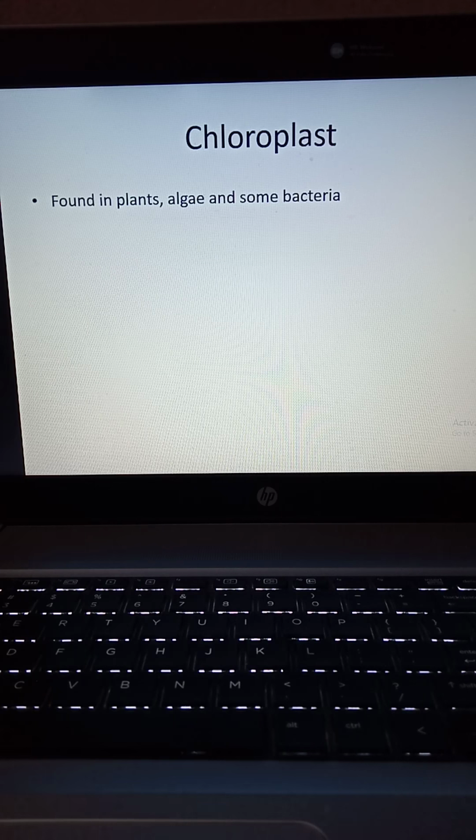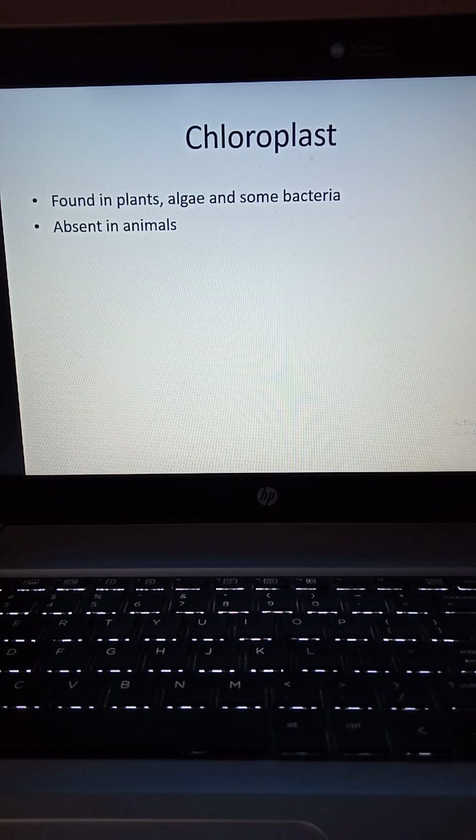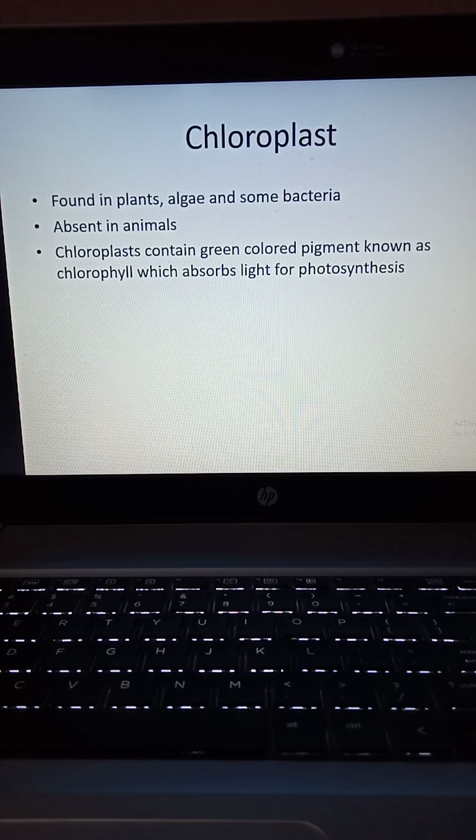So chloroplasts are found in plants, algae, and some bacteria. They are absent from animals. Chloroplasts contain a colored pigment known as chlorophyll, which has the capability to absorb sunlight for the photosynthesis reaction, as I have shown you before. And chloroplasts, just like mitochondria, also have two membranes.